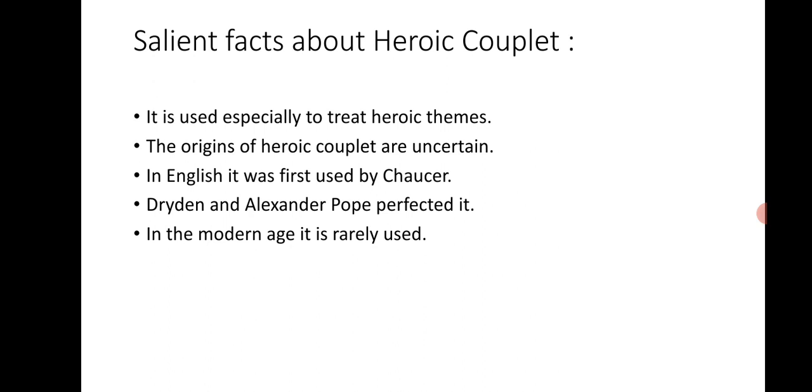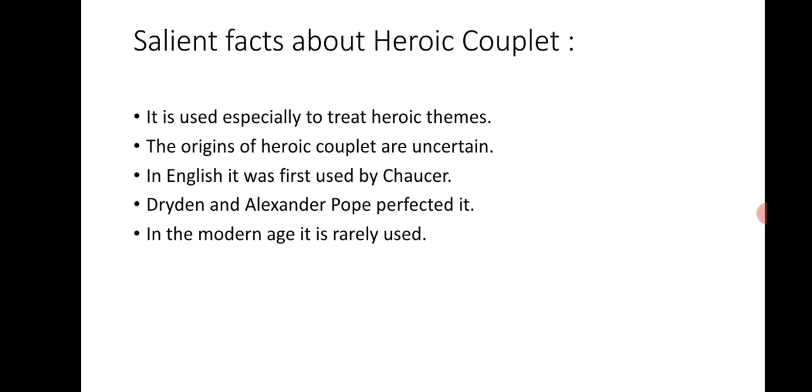But it was in the 18th century, in the deft hands of Dryden and Pope, that heroic couplet became so popular. Dryden and Pope are the poets who perfected heroic couplet and utilized its possibilities to the maximum level.